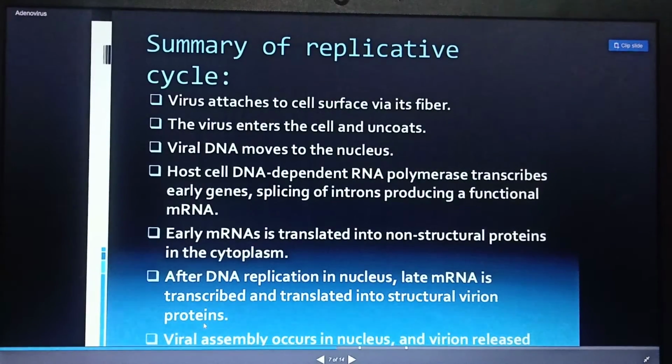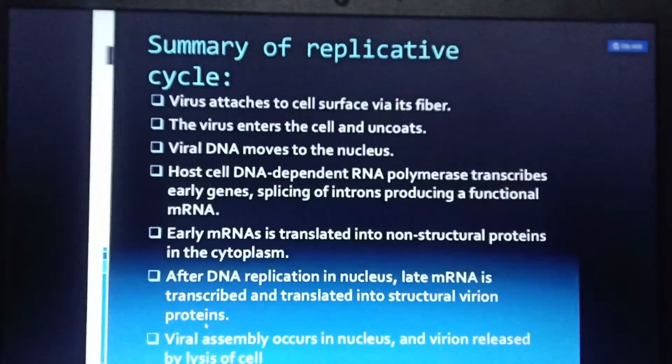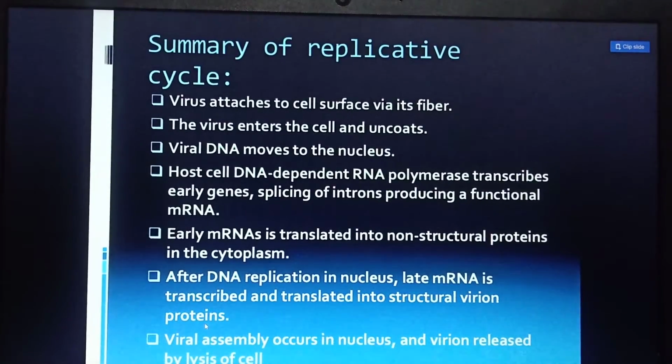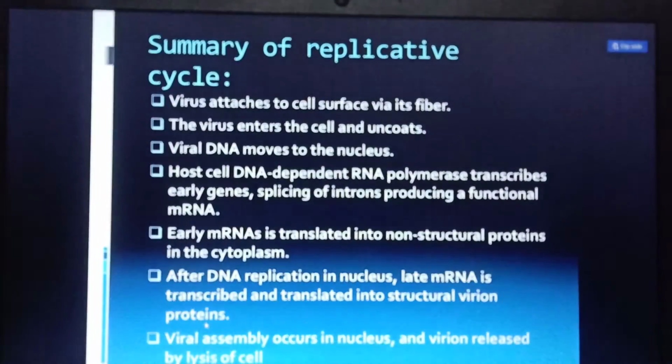After that the virus enters the cell, and the viral DNA moves to the nucleus. Then the DNA-dependent RNA polymerase replicates and produces functional mRNA.